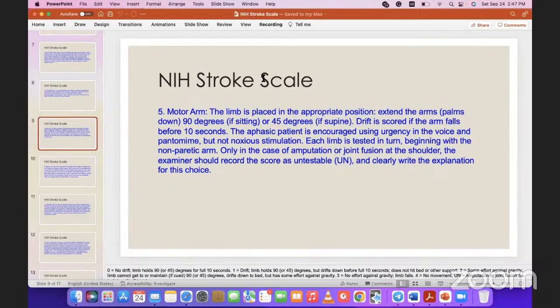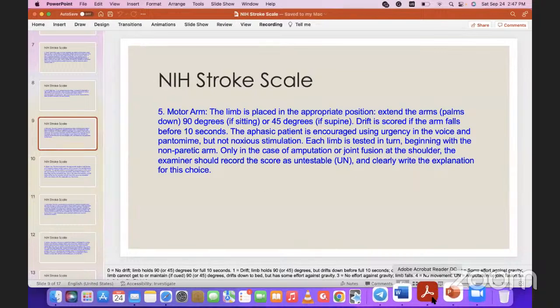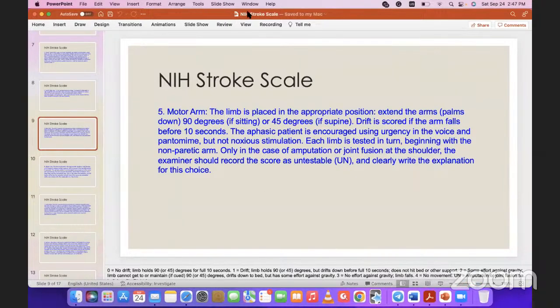The limb is placed in the appropriate position, with extending the arm at 90 degrees if sitting, or 45 degrees if it's supine. The drift in the arm should be judged before 10 seconds, not like the lower limb in 5 seconds.